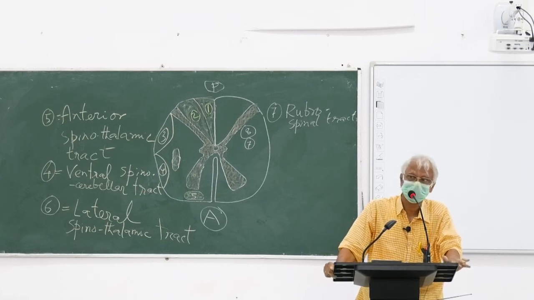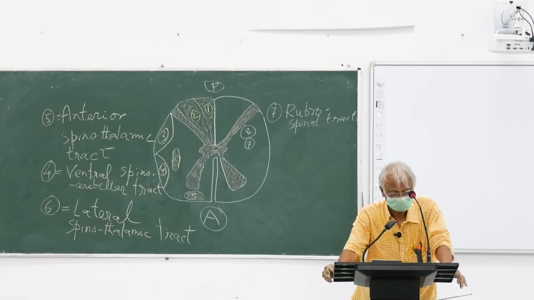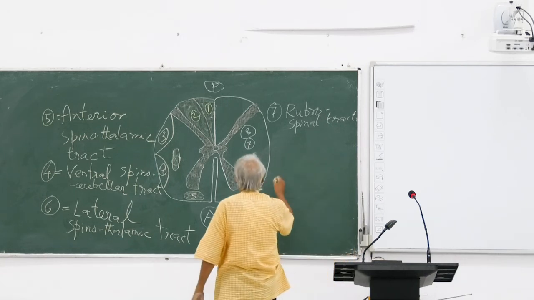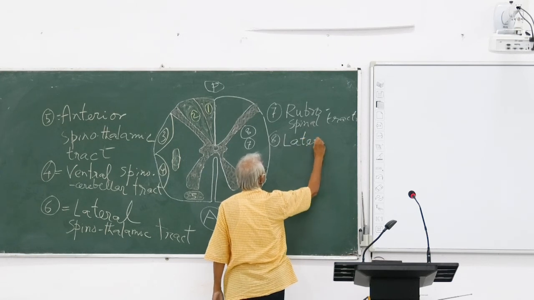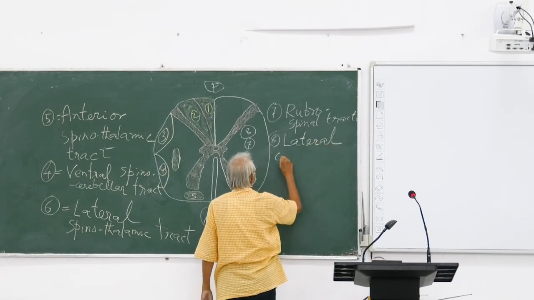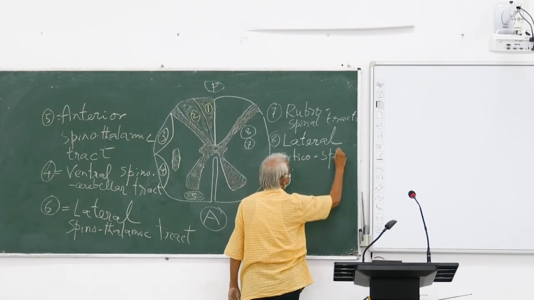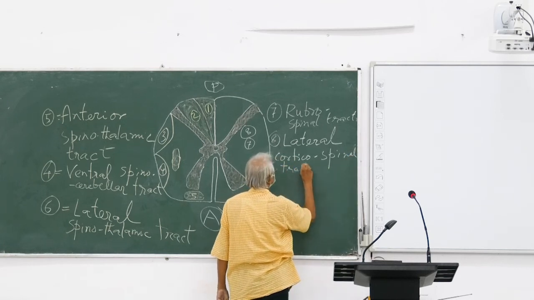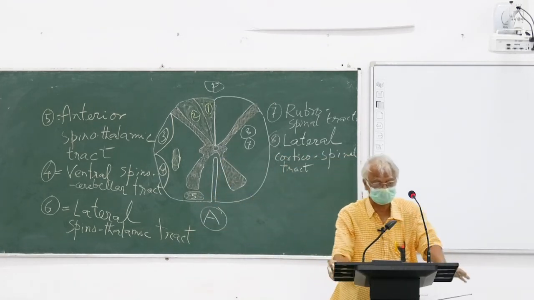From the red nucleus to the spinal cord, these are all rubrospinal tract and lateral corticospinal tract. So 7 and 8, now we have come to descending fibers.